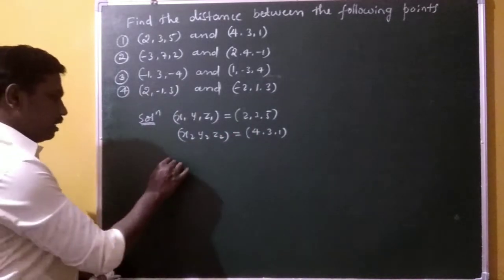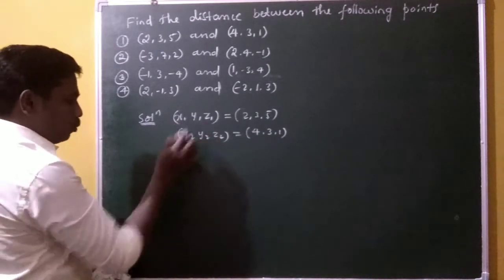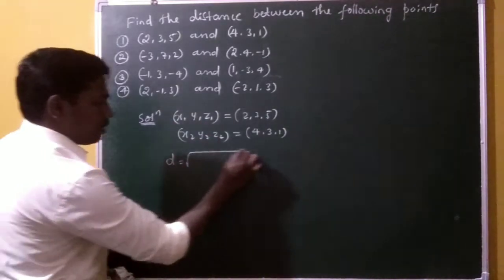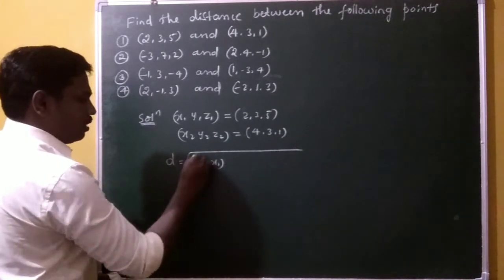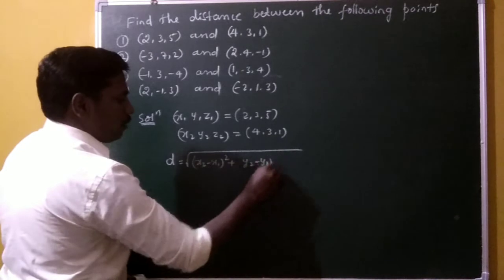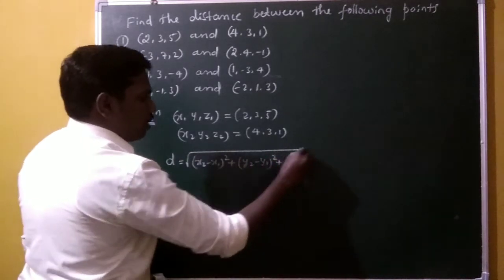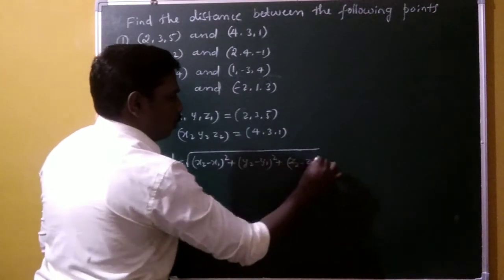What is the distance formula? The distance between these 2 points is defined as the square root of x2 minus x1 whole square plus y2 minus y1 whole square plus z2 minus z1 whole square.